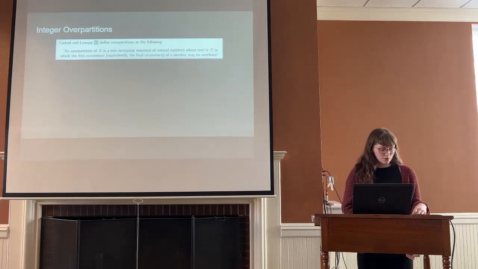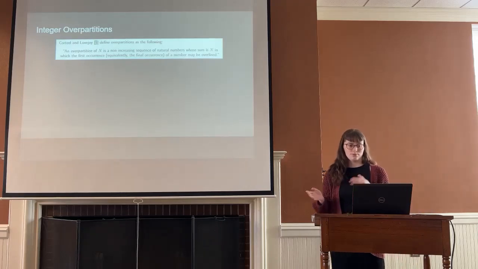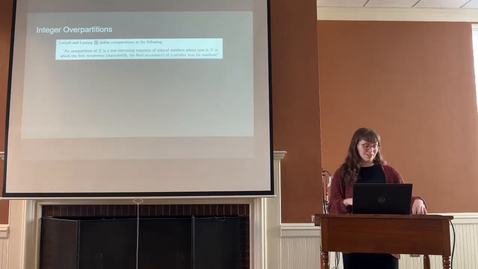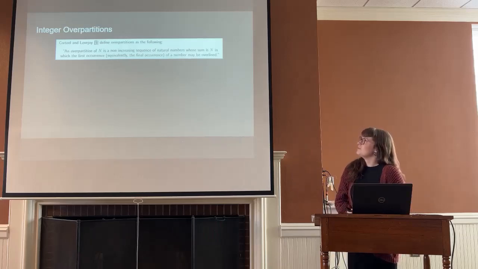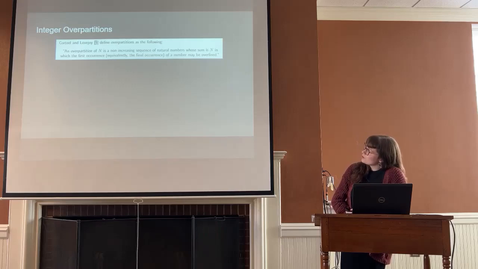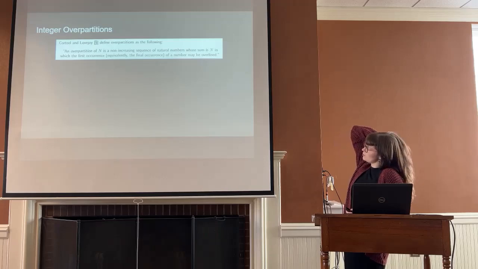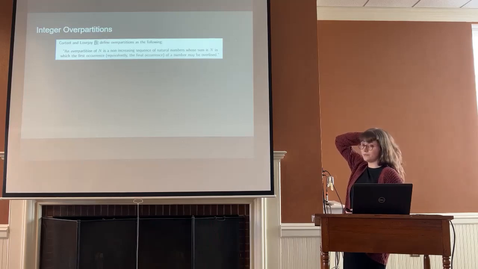And so my project focused on over-partitions, the unimodality of, I'll get to unimodality, but Corteel and Lovejoy define over-partitions as a non-increasing sequence of natural numbers whose sum is an integer, and the first occurrence of a number may be overlined.